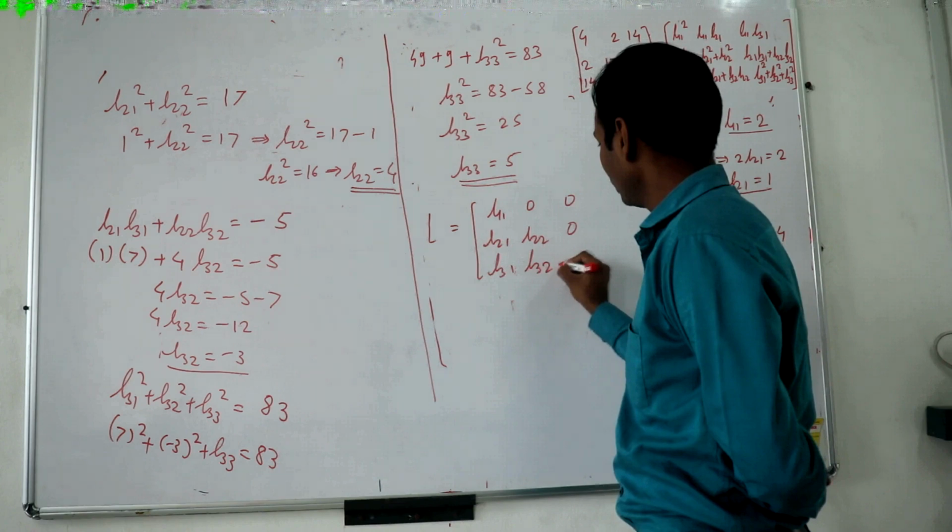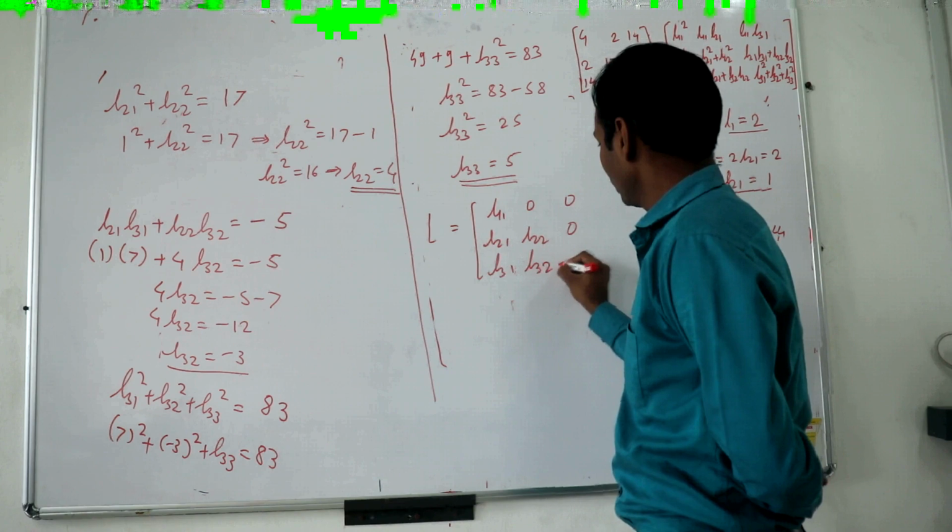So you get Z1, Z2, Z3, that is this Z matrix: Z1 as 7, Z2 as minus 27 and Z3 is 5. Once you get matrix Z, we set L transpose X is equal to Z, that is put in our fourth equation, L transpose X is equal to Z. So you know the value of L transpose, which is 2 1 7, then 0 4 minus 3, 0 0 5.